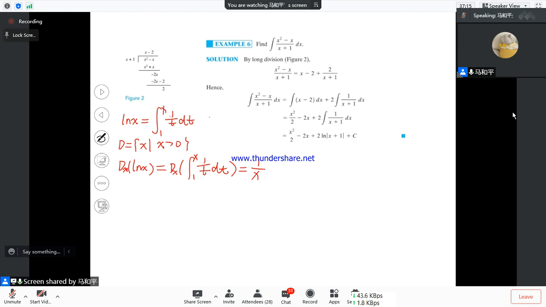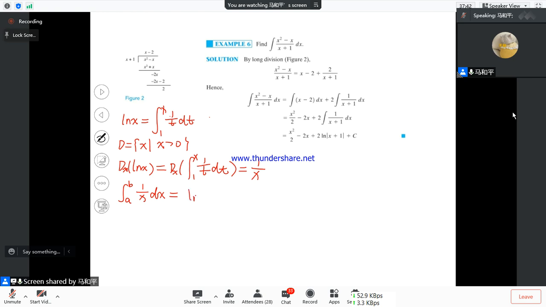And we also learned, if a and b are both positive, so we have the integral of 1 over x dx. By the second fundamental theorem, we can find an antiderivative of 1 over x.